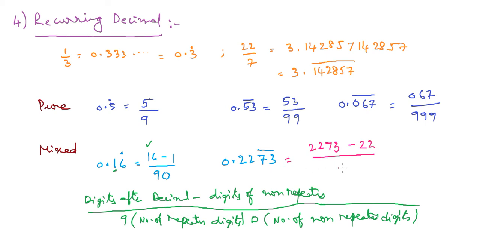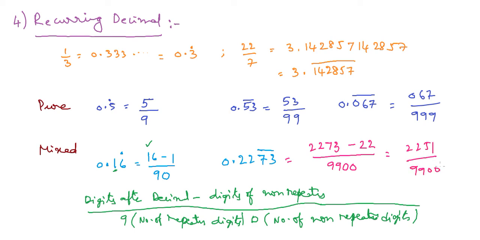Here 73 is repeating, so the number of repeating digits is 2, and I need to place two 9s. After that, the number of non-repeating digits is 2, so I keep that many zeros. That's all. So the answer is 2251 divided by 9900.